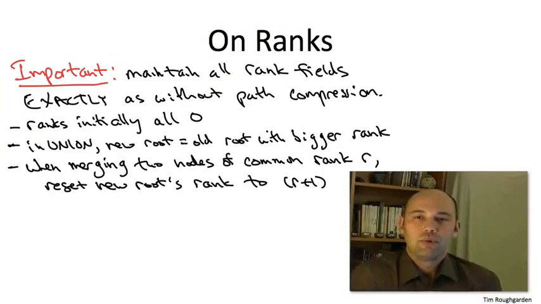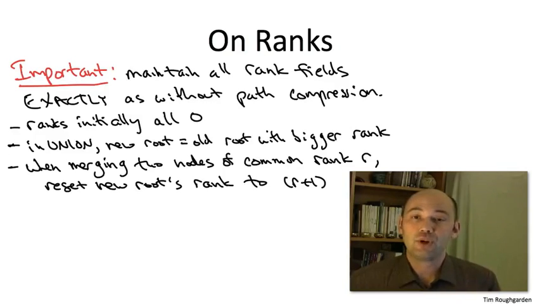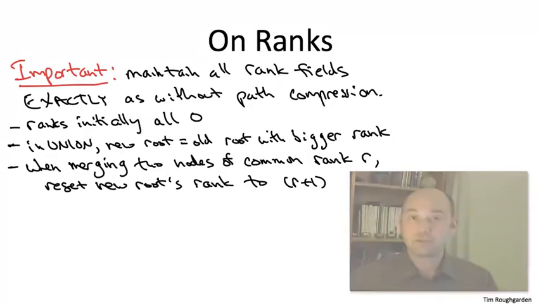Now, it might bother you that we don't recompute the ranks when we apply path compression. In a way, I sort of hope it does bother you, because by just manipulating them exactly as before, we're actually losing the semantics of what ranks meant in the previous video. So the key invariant we had, that ranks exactly represented worst case search time to that object, is now lost.